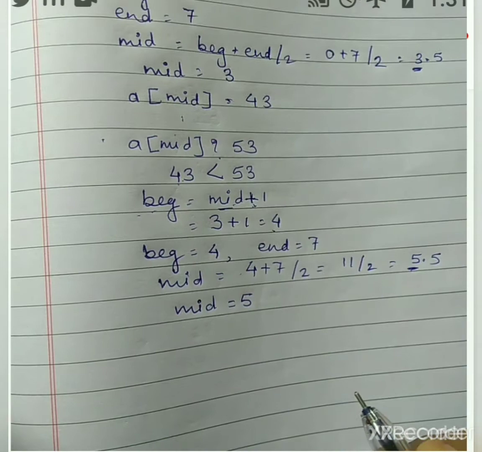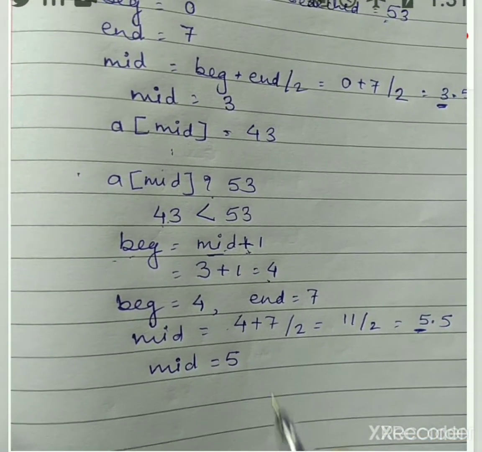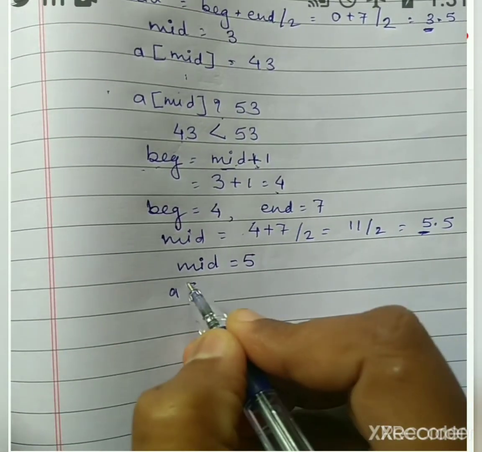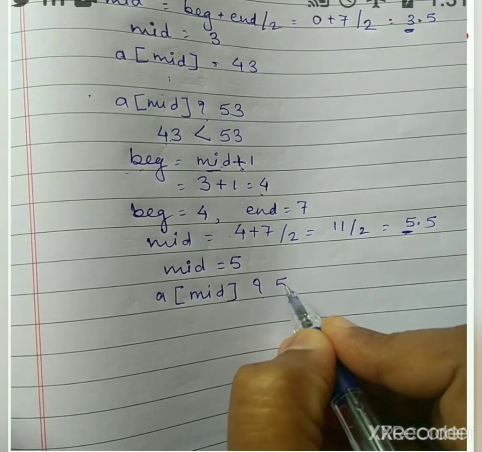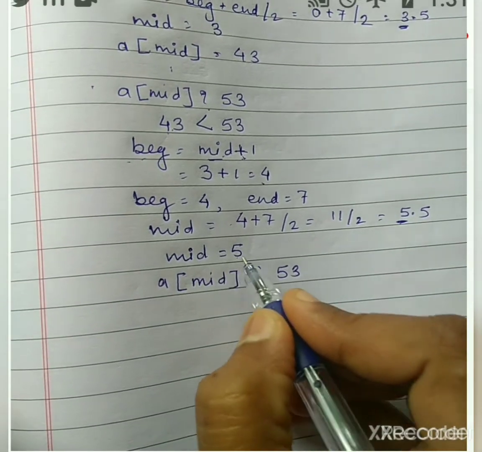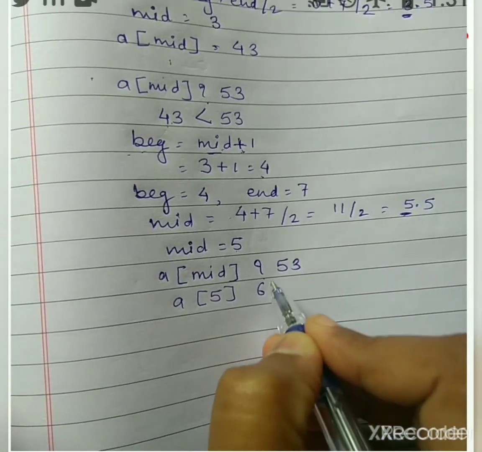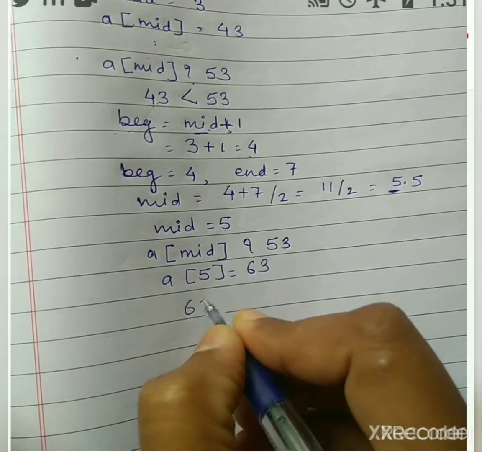Got it? Now we have to repeat the steps. We find the element at the middle position, A of mid, and compare it with the element 53. At 5, A of 5 is 63. Now we compare 63 with 53. Here 63 is greater than 53.